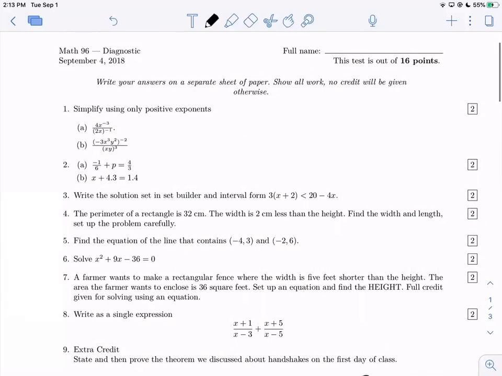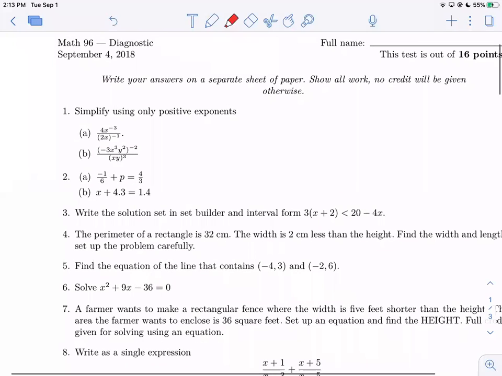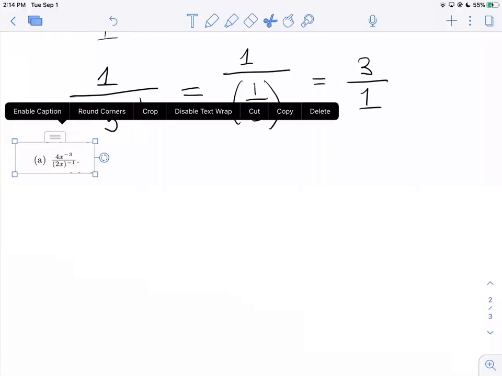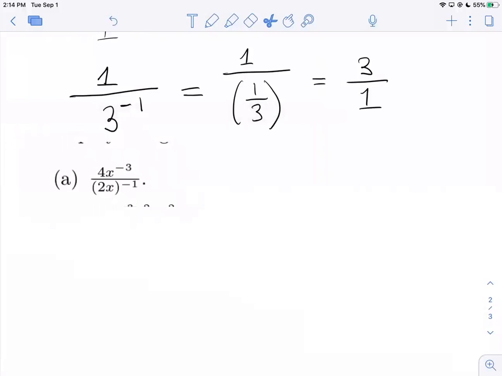So now let's try question 8 together. So let me just copy and paste it. Okay. So we have here 4x to the minus 3 all over 2x to the negative 1.